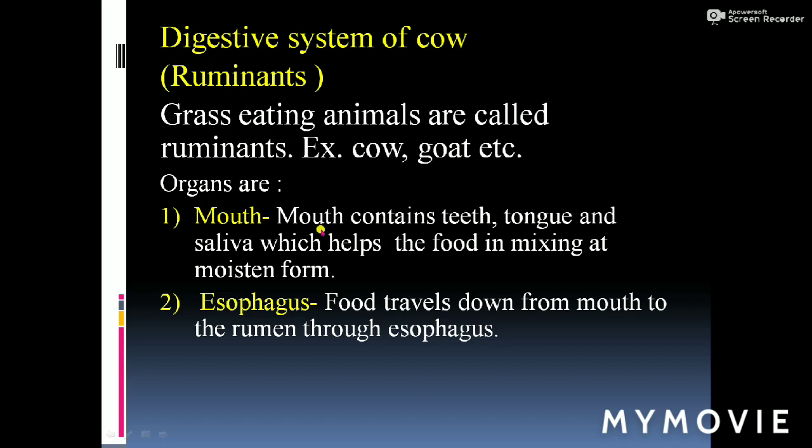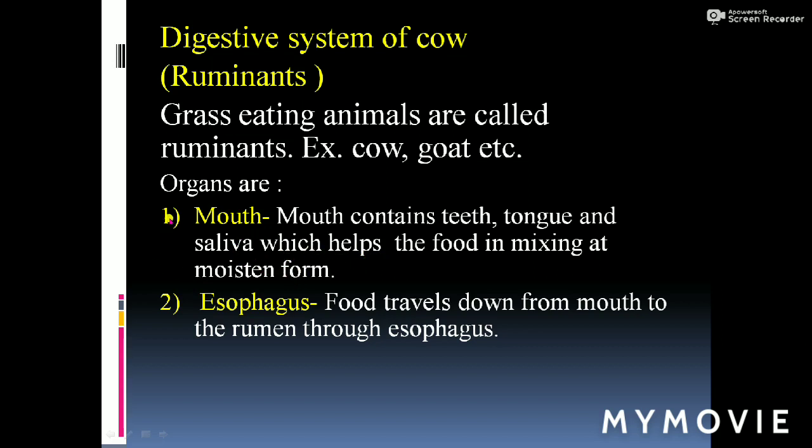So mouth contains organs like teeth, tongue and saliva, which help the food in mixing in moist form. It means the food becomes very soft so that it can easily be swallowed.